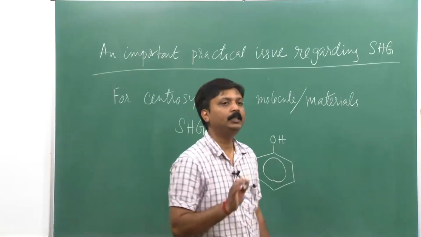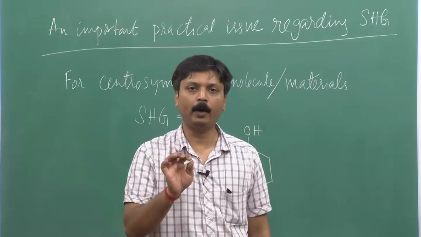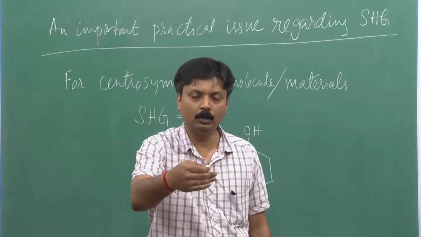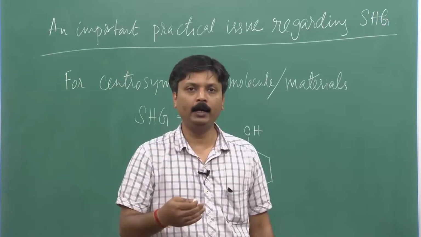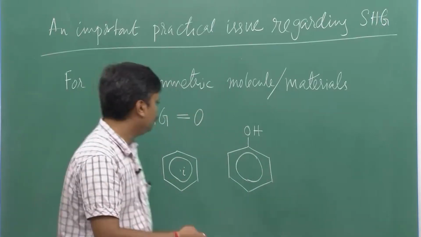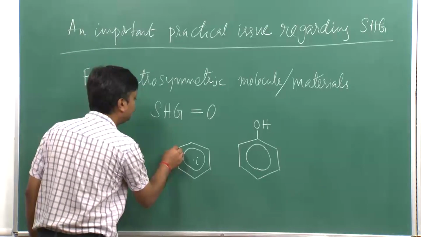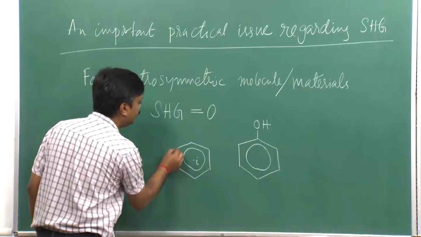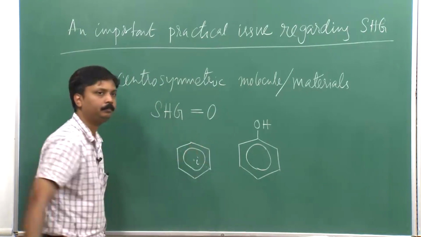such that if I start from any part of the molecule, pass through that particular point and go an equal amount, I will find exactly identical point like from where we have started. So, suppose I start from this particular region and I pass through this one, I reach an equivalent point. Okay.